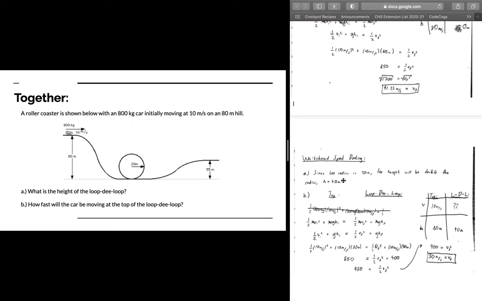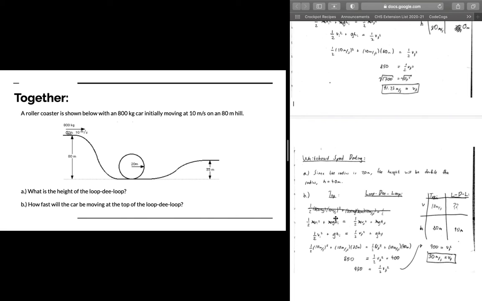Now we ask how fast the car will be moving at the top of the loop-de-loop. At the top of our initial hill, we're moving at 10 meters per second and our height is 80 meters. On the loop-de-loop, our final speed is unknown, and our final height is 40 meters. So we have 1/2 mvi squared plus mghi equals 1/2 mvf squared plus mghf.